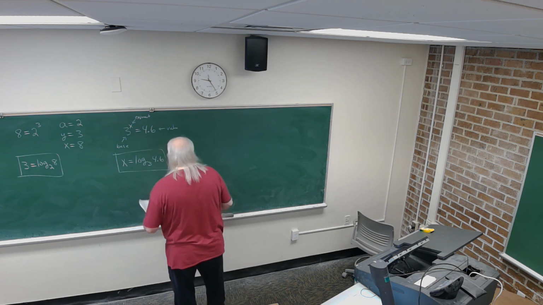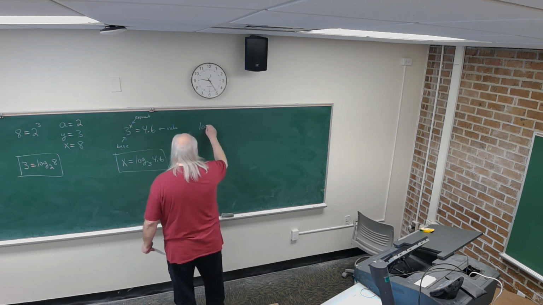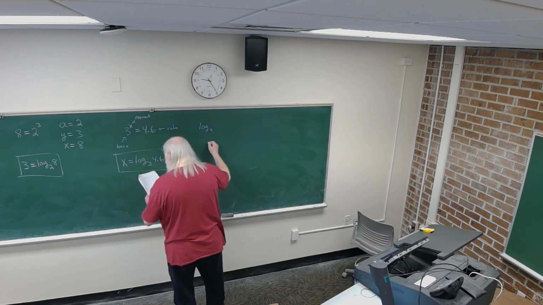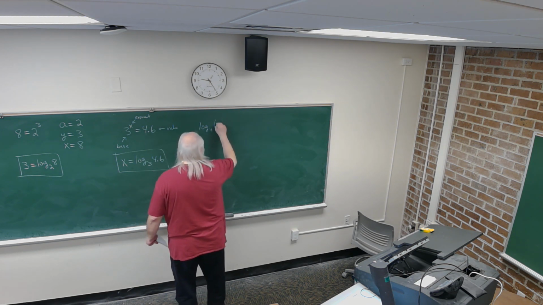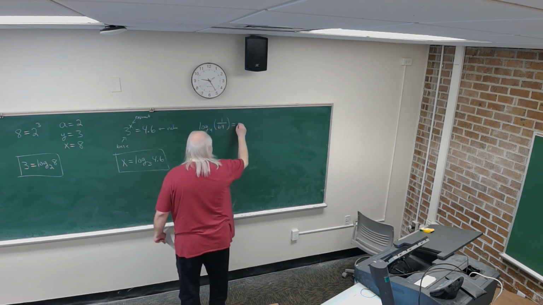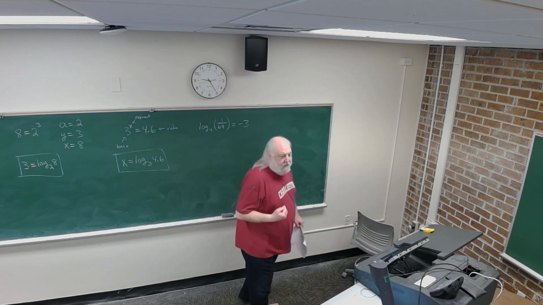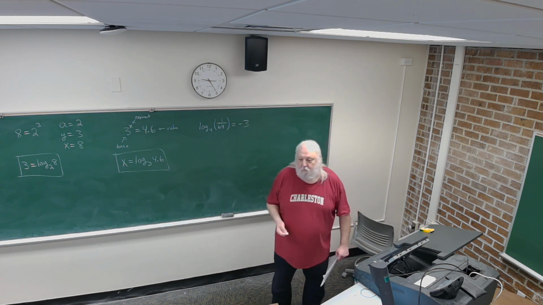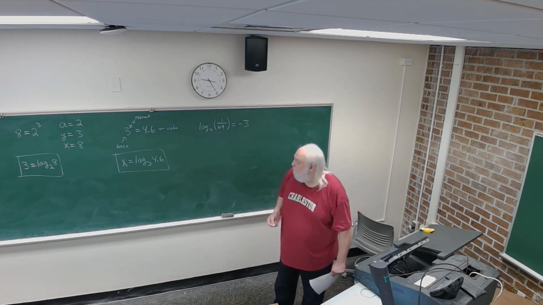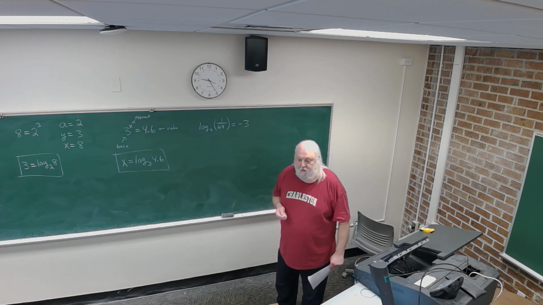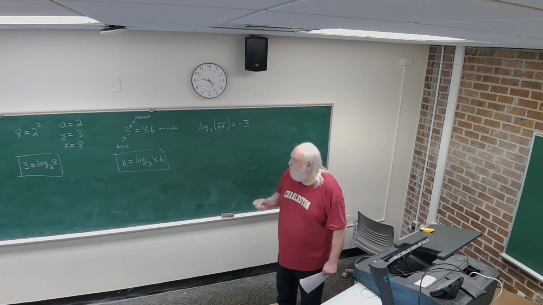So in A, we have log base 4 of 1/64 is equal to minus 3. Now usually when you look at an exponential statement, you know right away whether it's true or false. But when you look at a logarithmic statement, that's not so obvious.